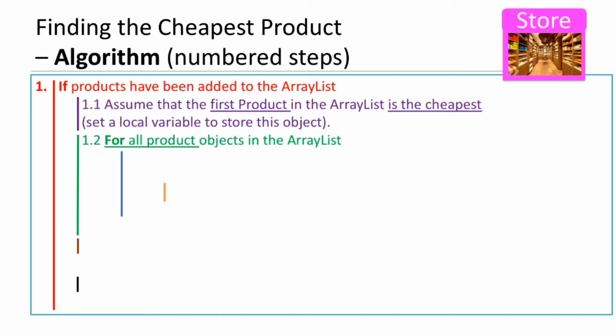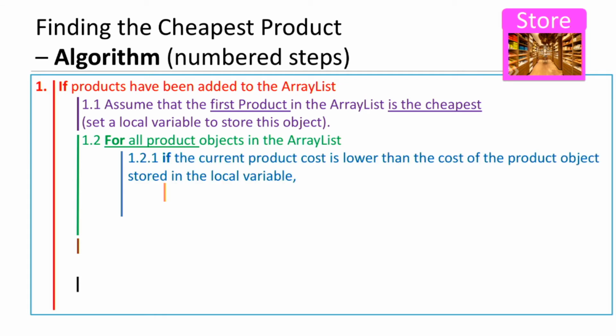Then, for all the product objects in the array list, we're going to visit them and compare the product that we're looking at with the value stored in the local variable.